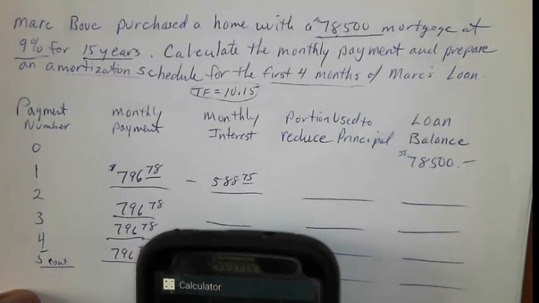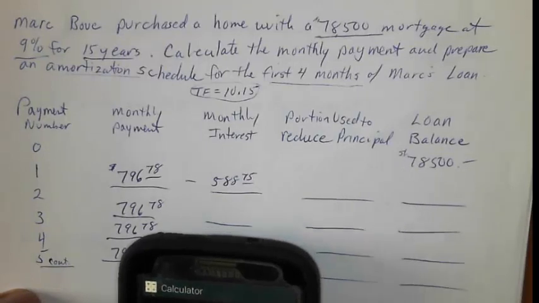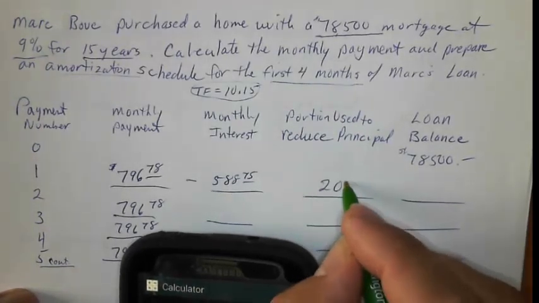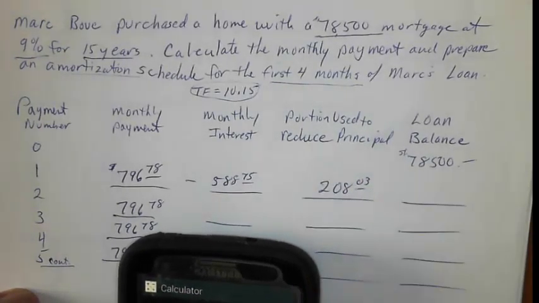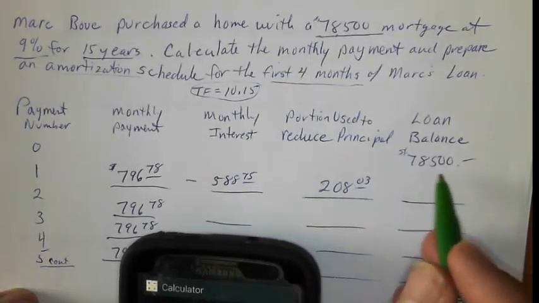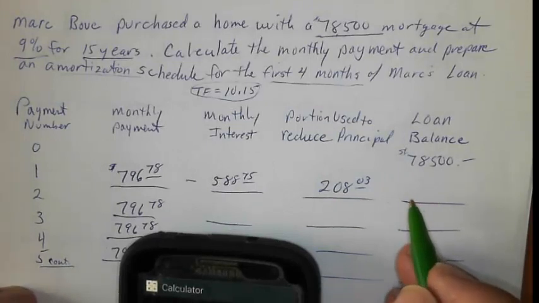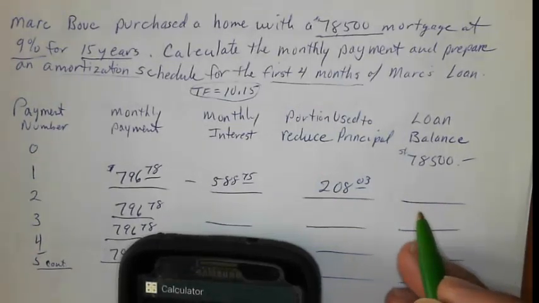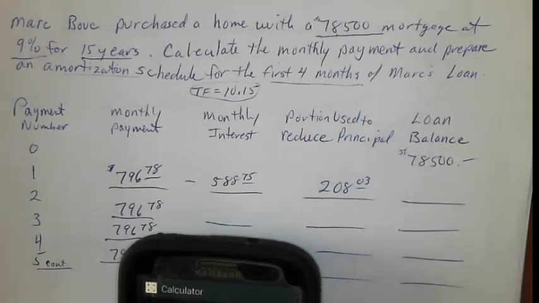So when we subtract those, portion used to reduce the principal is that, 208.03. So we can subtract that then, because that's going to be our next number in order to use our next set of calculations.